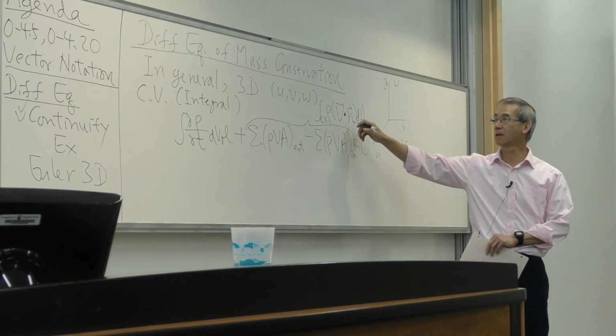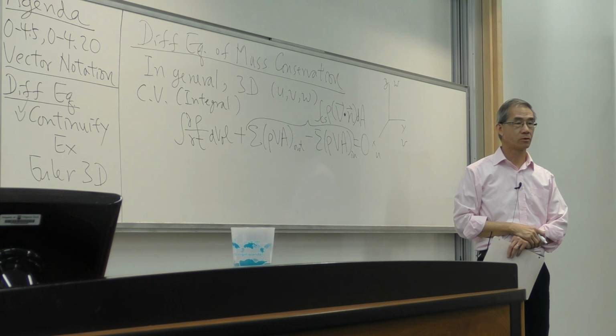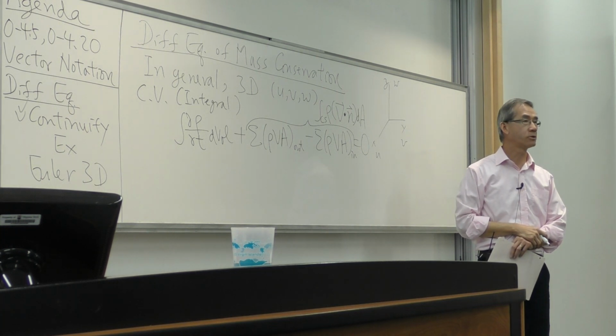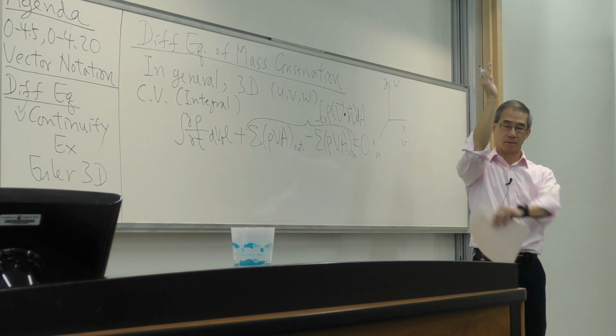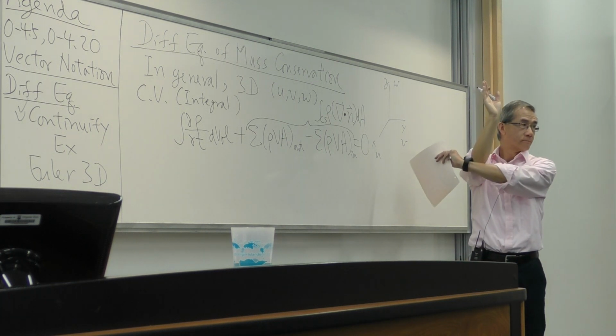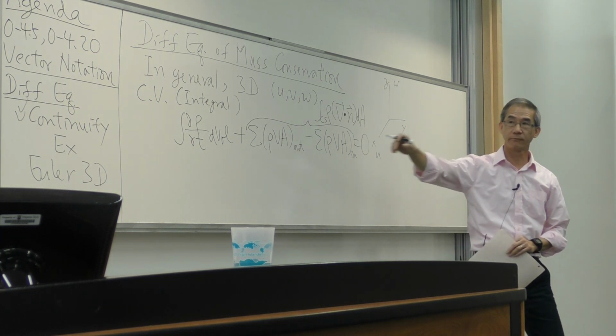What's the significance of the V dot n? Don't remember? What's the relationship between the velocity and the area? Velocity, area. They have to be perpendicular. Okay? All this is now coming back full circle.